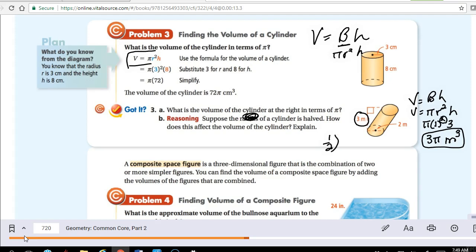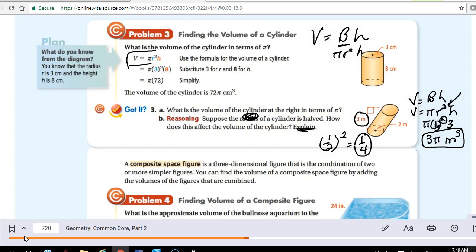So, for instance, if I took half of something and I squared it, half squared is really 1/4 of something. So when you halve the radius, you're going to end up taking 1/4 of the volume, only because in the formula the radius is getting squared. So that's what would happen in the explanation here.